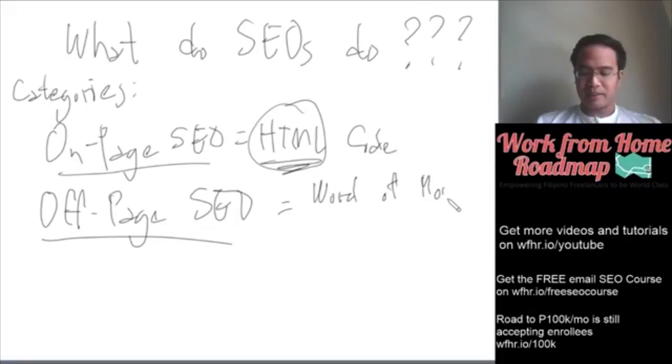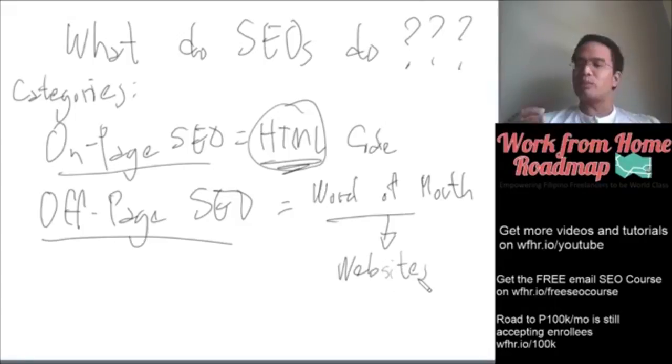But because online things are a bit different, it's word of mouth in websites. This is when other websites mention you. I'm not talking about Facebook, I'm not talking about social media, I'm talking about other websites mentioning you. So what could these websites be?